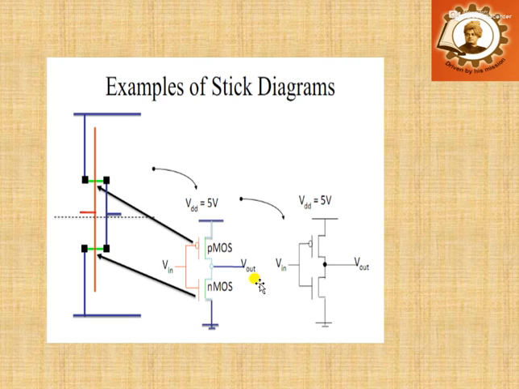First we have to draw the metal contact, that is denoted by a blue line, and from that blue line we have connected our PMOS connection, that is denoted by a green line. Another portion of that PMOS is connected to another blue line that will represent our output, and that is also connected to one terminal of our NMOS, and another terminal of our NMOS is connected to ground by using an N line.